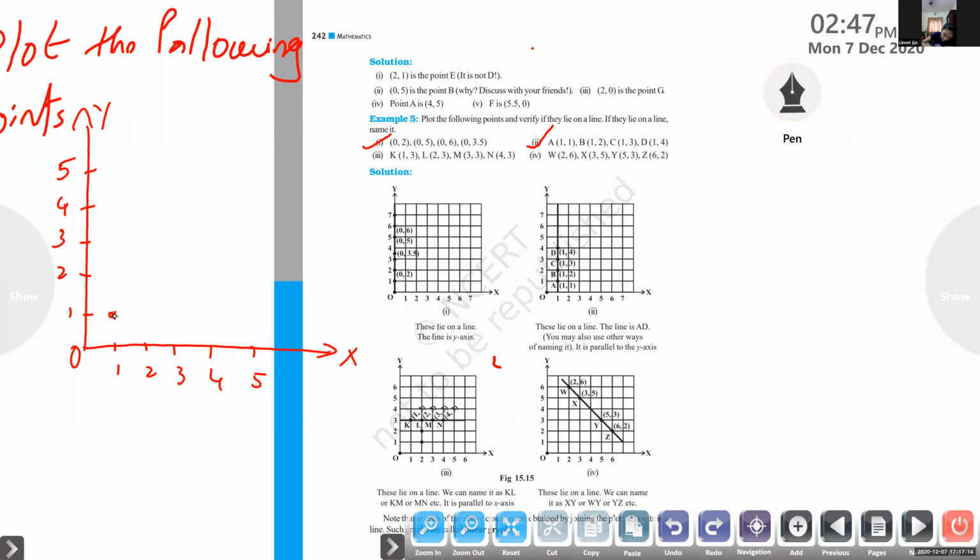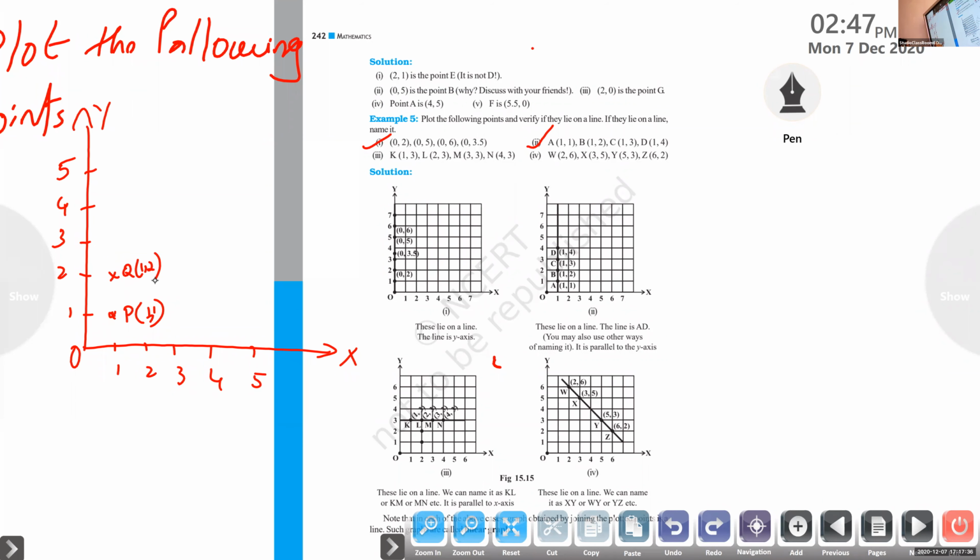You can write A or some other name also, you can write P. (1, 1). Next point is (1, 2). So this is Q. (1, 2).